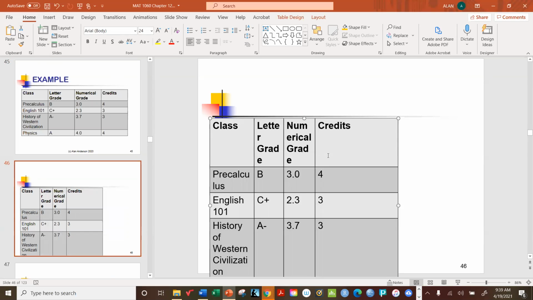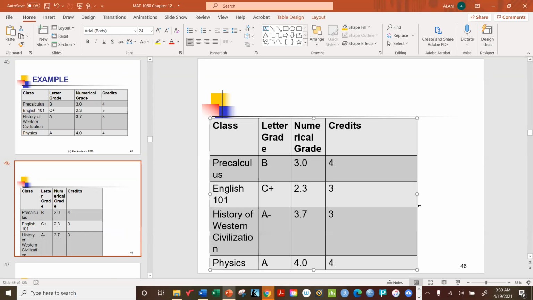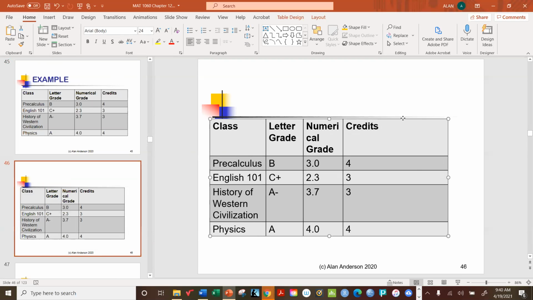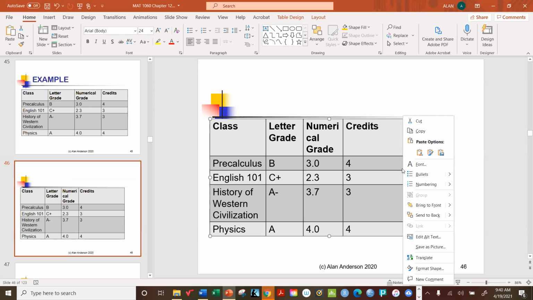Oh, that's not what I wanted. So I'll introduce 2 new columns.